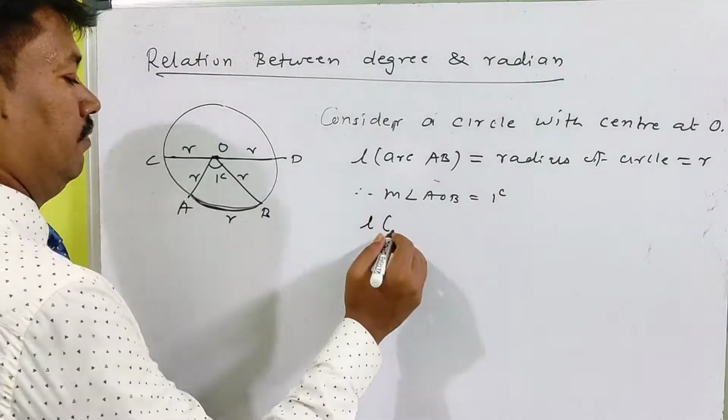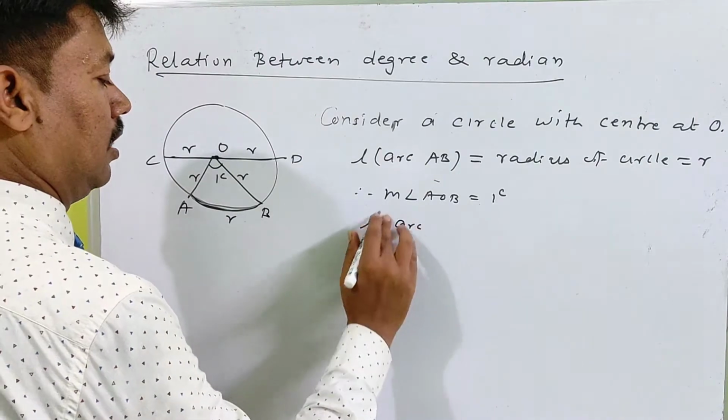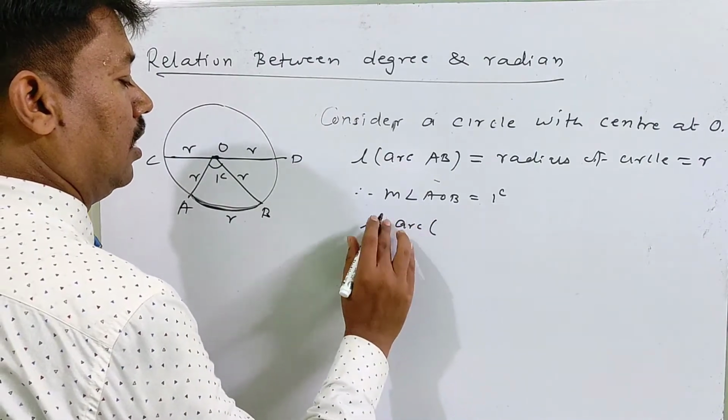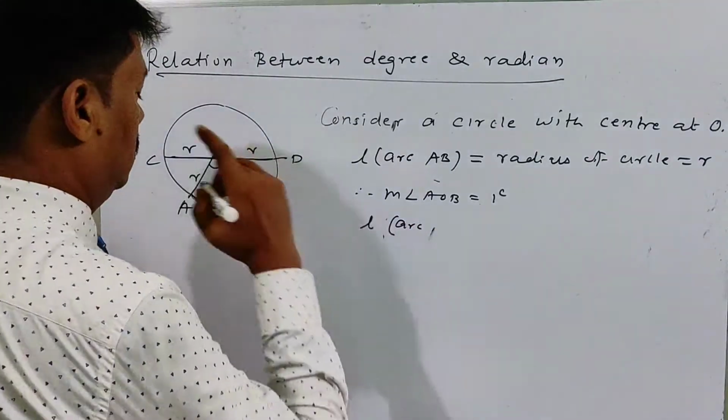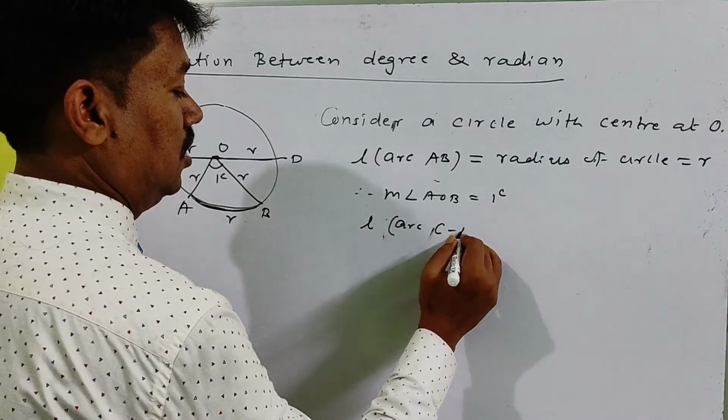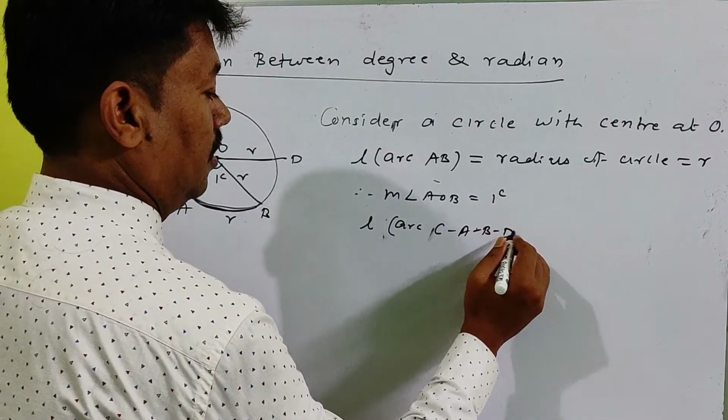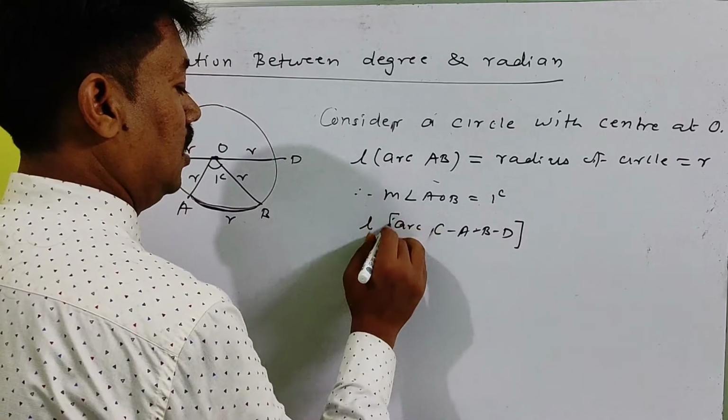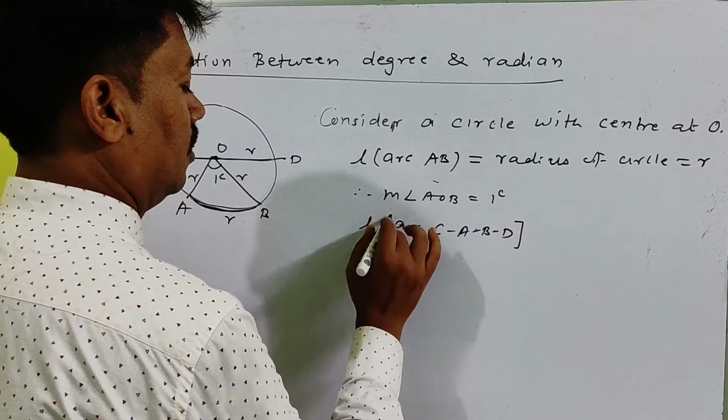Now the length of arc CABD is equal to what?